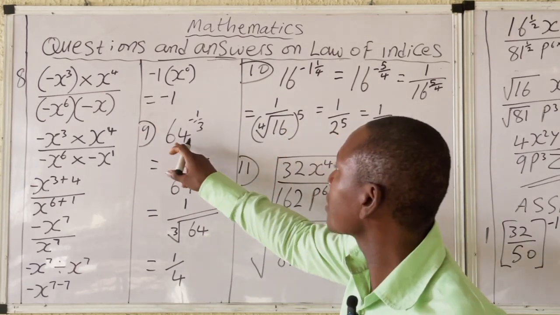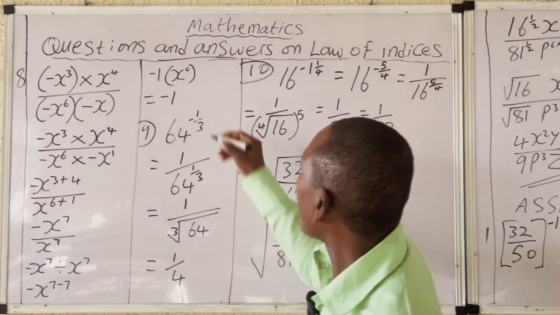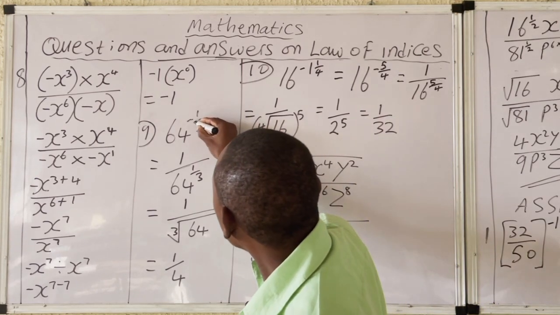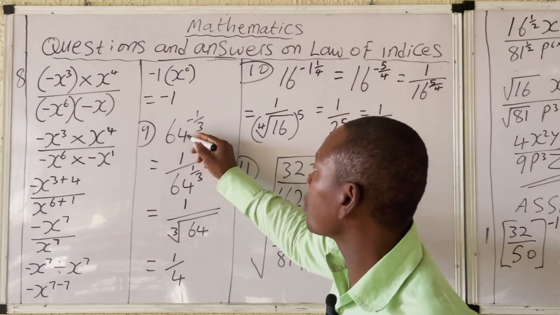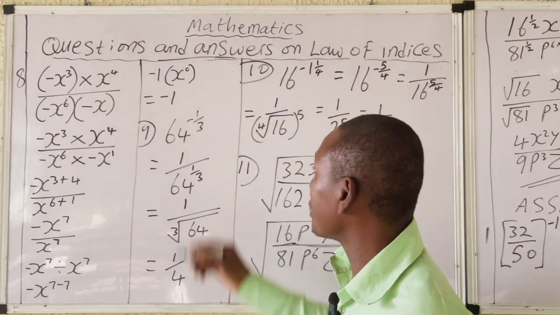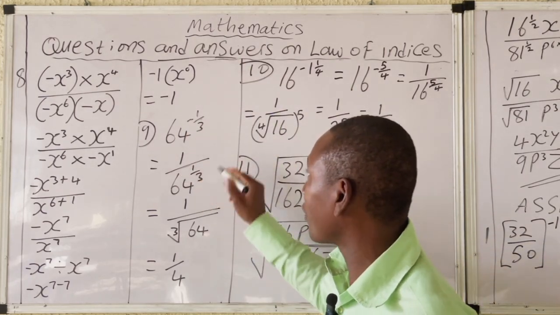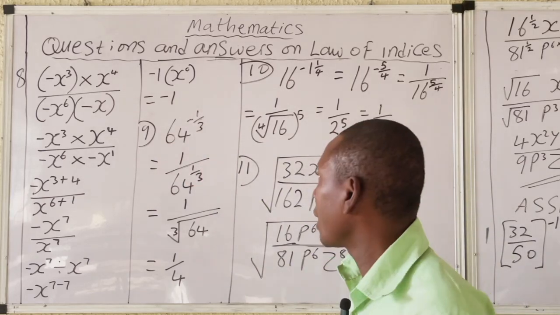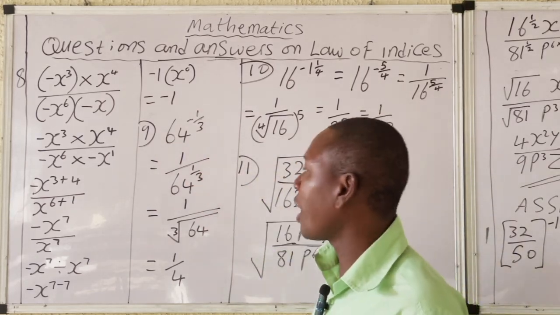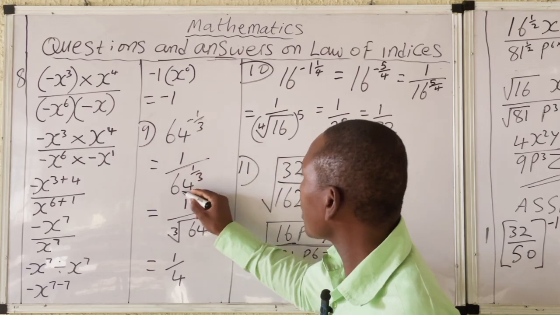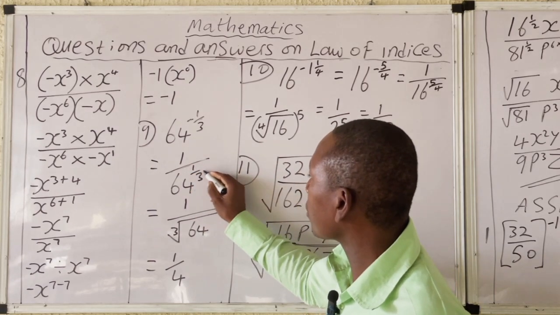So the next one is 64 raised to the power minus 1 over 3. Remember, if any value is raised to the power minus any power or any index, you will now have 1 all over that same value raised to the positive of that value. So we now have 1 all over 64 raised to the power 1 all over 3.